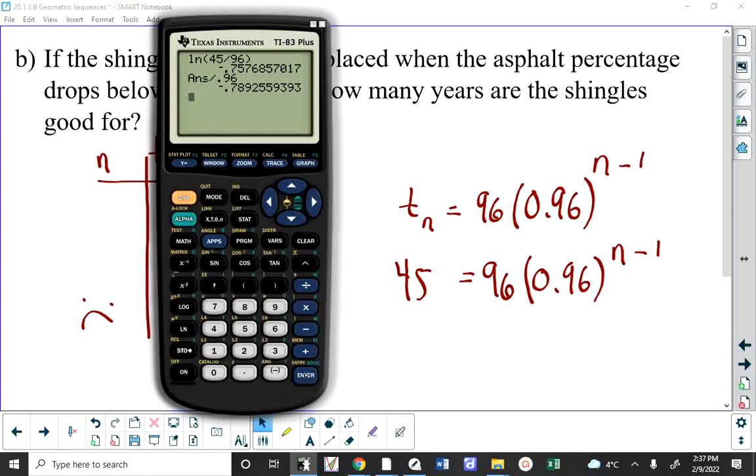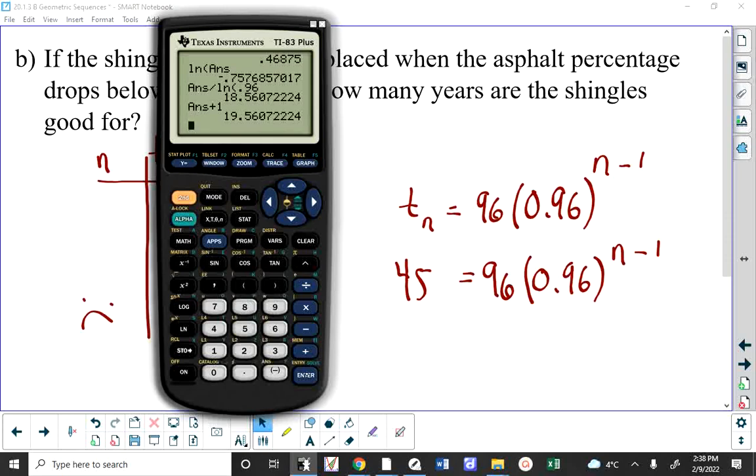Try that again. Oh, I think I put 96 instead of 0.96. There we go. When you solve this algebraically, if you knew how, you'd get 19.56, okay?